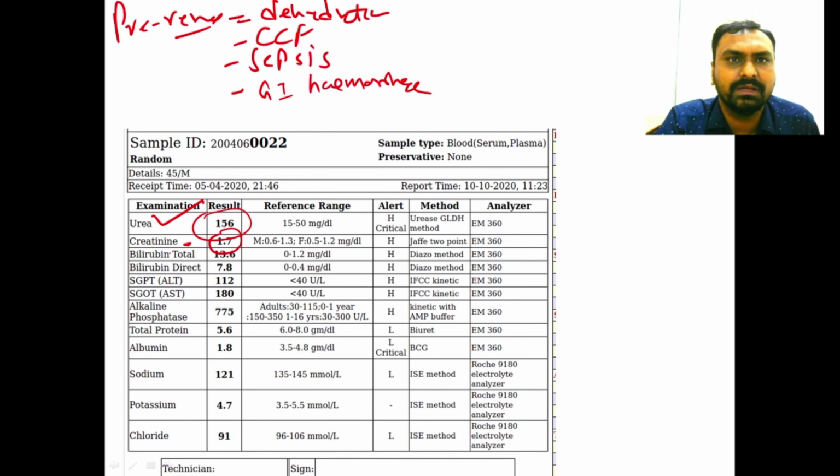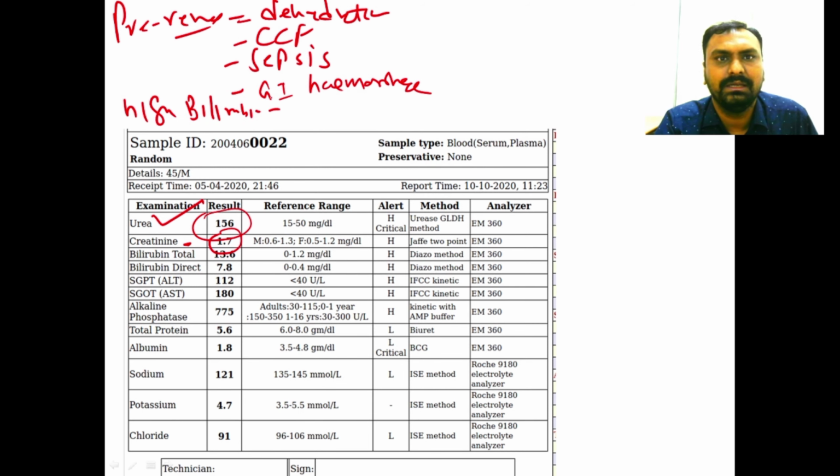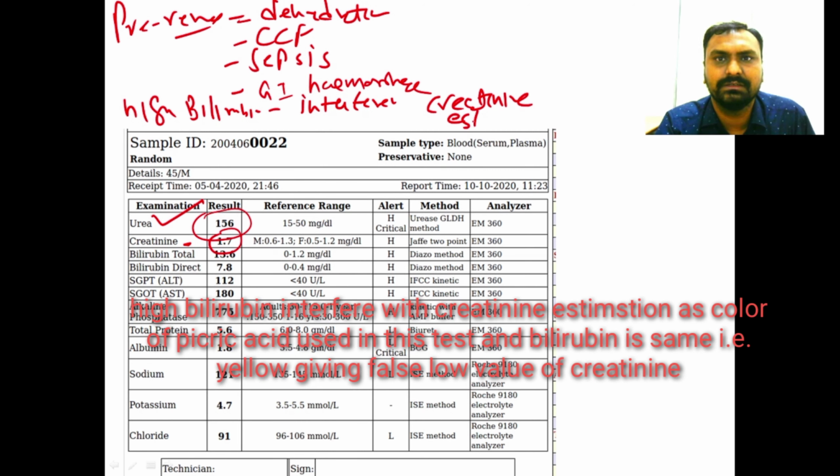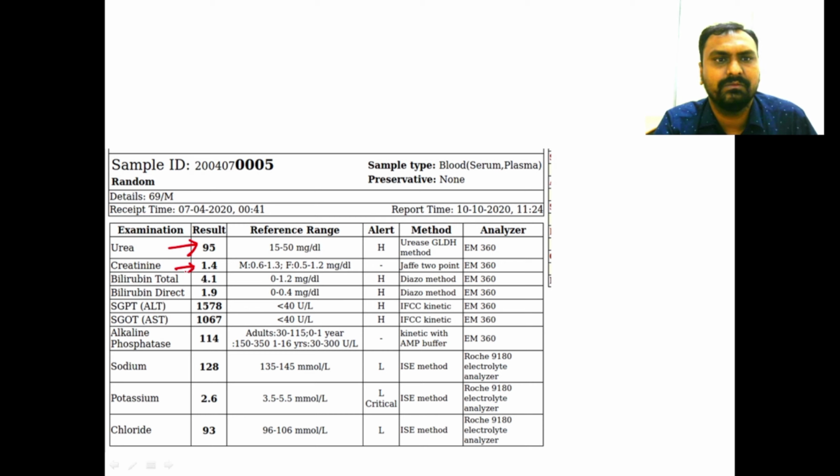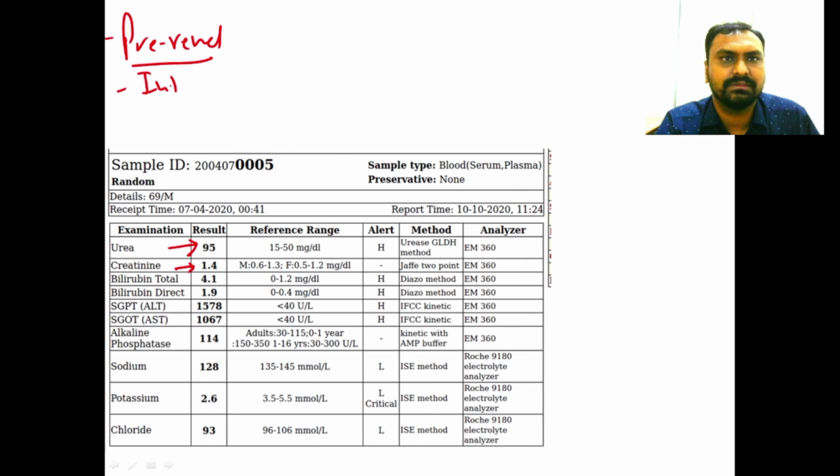Or it may be due to high bilirubin that interferes in creatinine estimation. Again, in this report, urea 95, creatinine 1.4, it may be due to pre-renal causes, as I mentioned earlier, or interference of high bilirubin level.